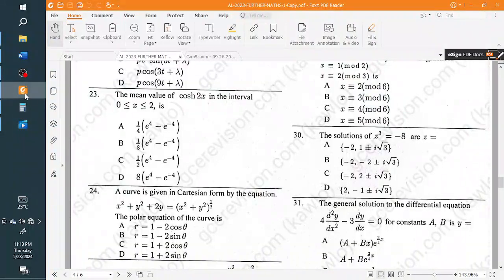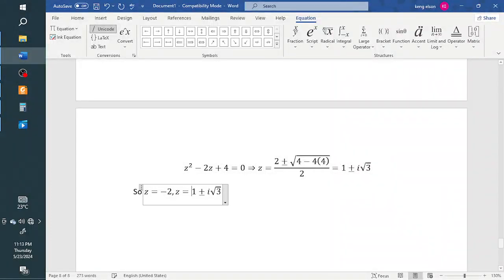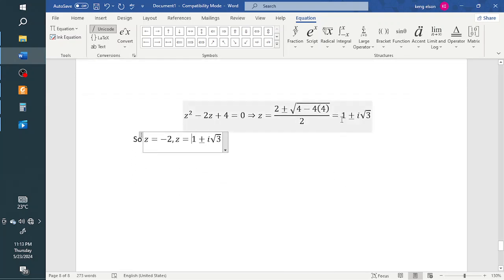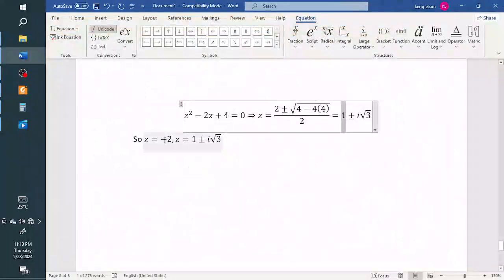It was supposed to be just positive; I put the negative 1 here by mistake, the effects of sleep. Alright, so we have negative 2, and then 1 plus or minus i root 3. So option A. My 30, option A.